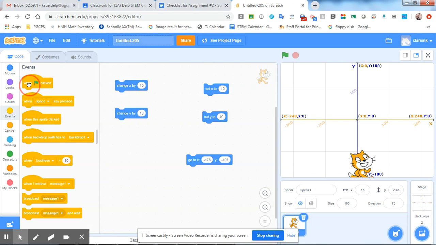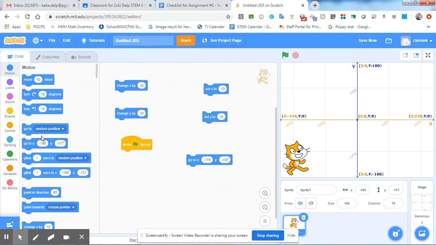Because we want him to do something specific when the green flag is clicked. If we want him to go to the bottom left-hand corner, then we will put him there, find his XY coordinates, and say, when the green flag is clicked, go to that XY location, right? So anytime I click the green flag, he'll go there, all right?